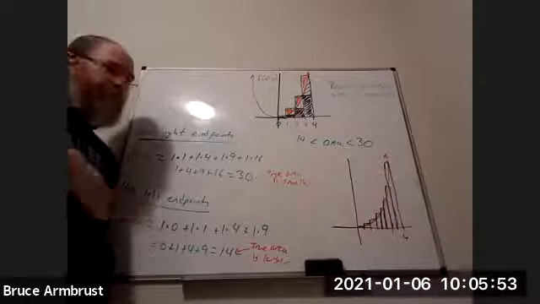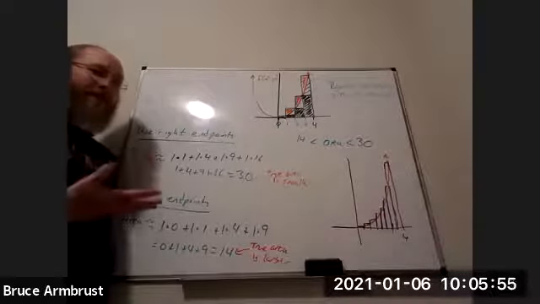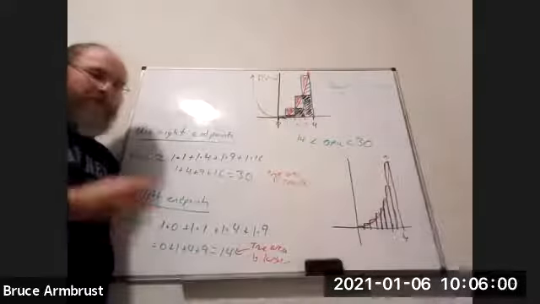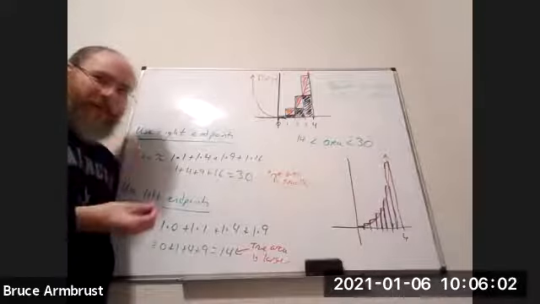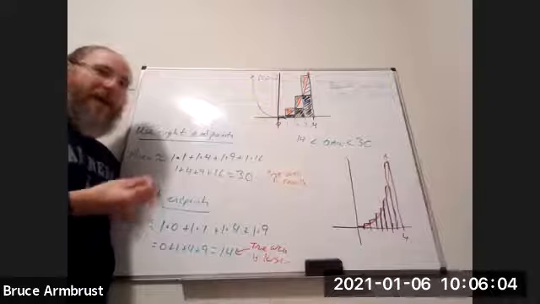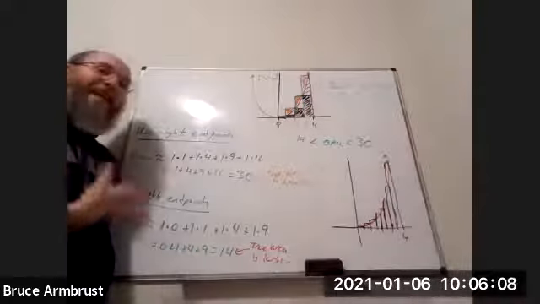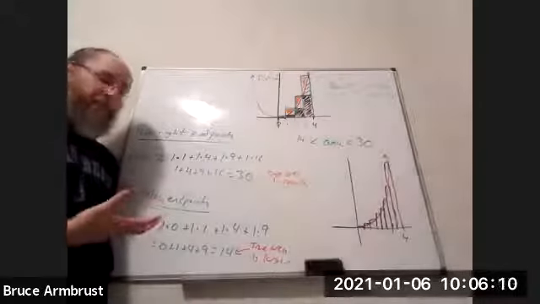Okay, so this was the whole idea: we're going to have not just a huge number of rectangles, but an infinite number of rectangles. That's going to get us exactly our area.